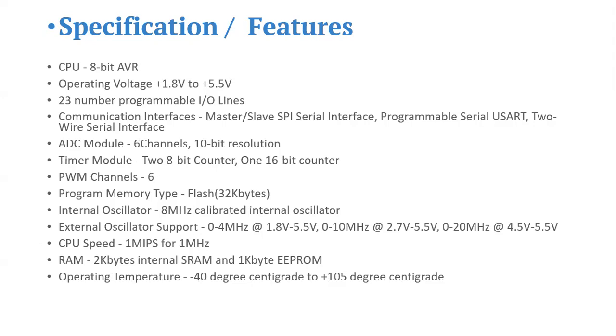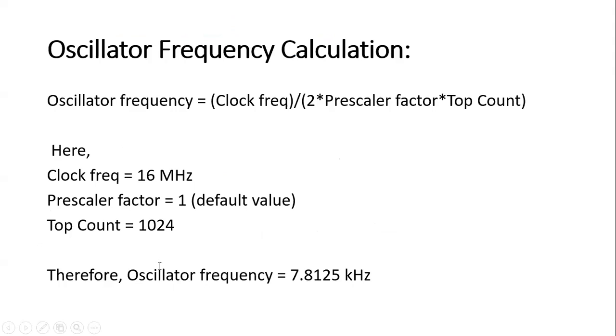Thank you, Gautam. In the next slide, we can see that the oscillator frequency calculation is done for the inverter. The oscillator frequency can be calculated as clock frequency divided by twice into prescaler factor into top of count.